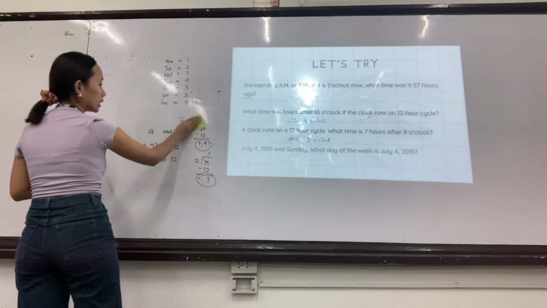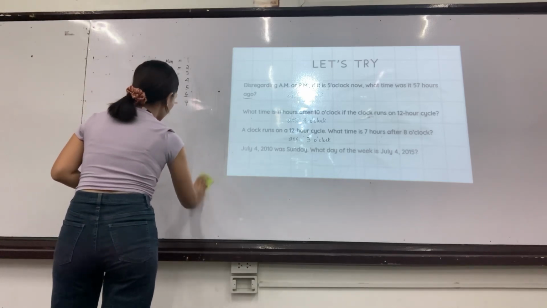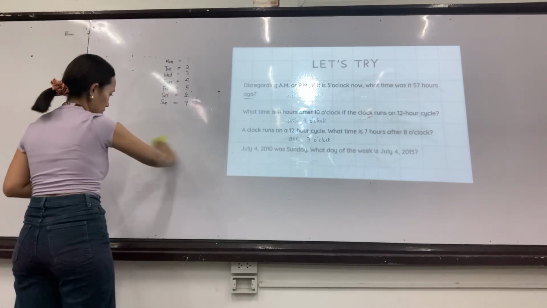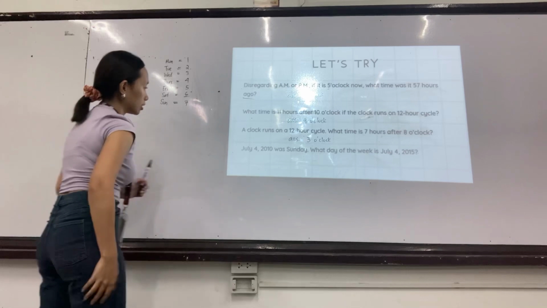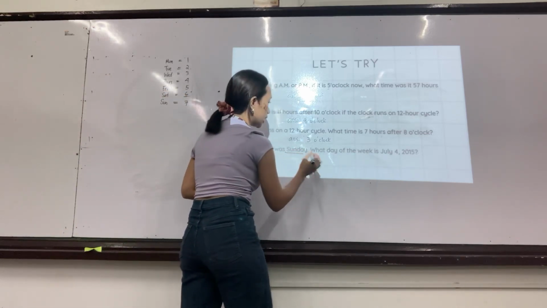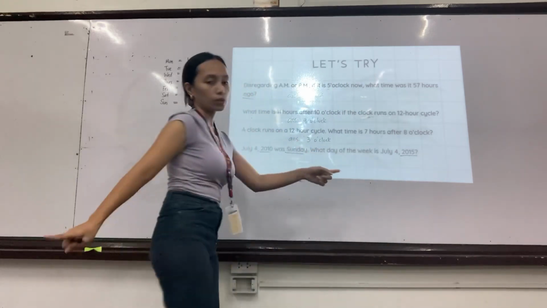Okay? Now, lastly, July 4, 2010 was Sunday. What day of the week is July 4, 2015? Now, this number, we are dealing with not only the day of the week, but also with the year. So, as you can see, we have the 2010, the Sunday, then 2015. The date, both are the same.